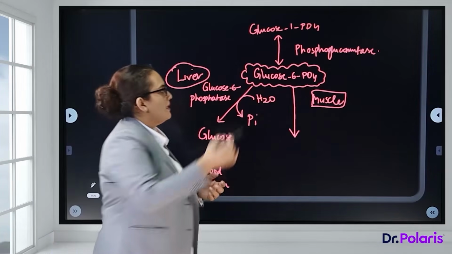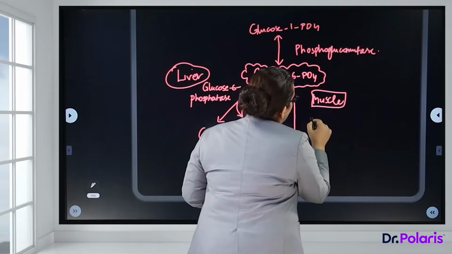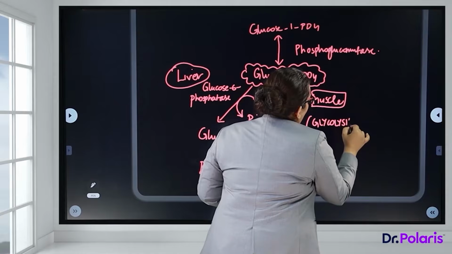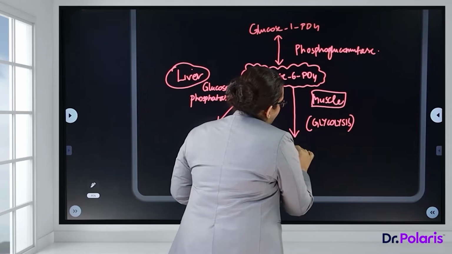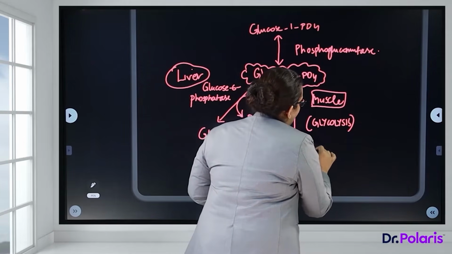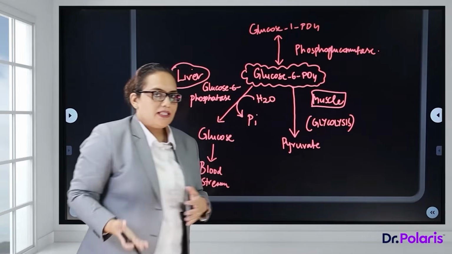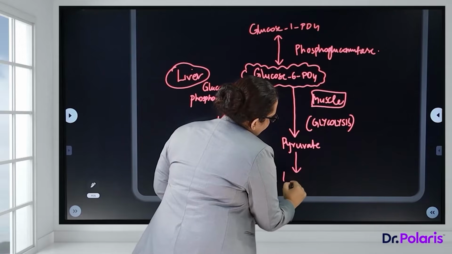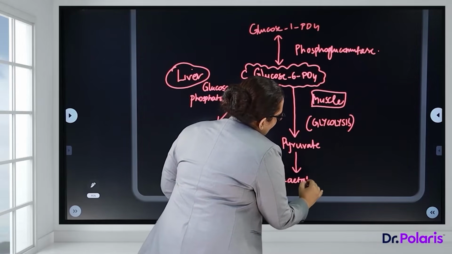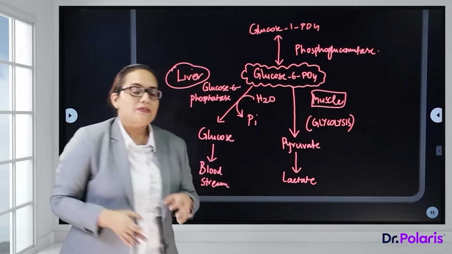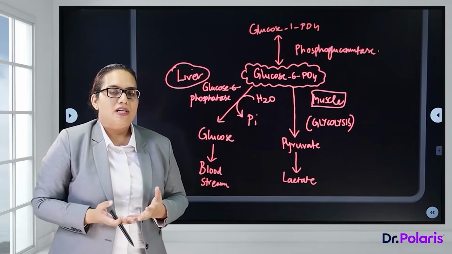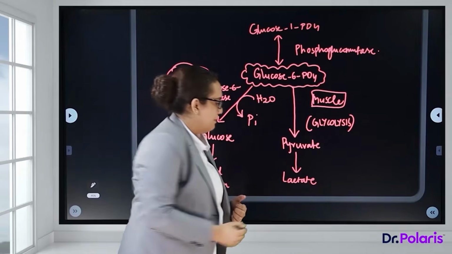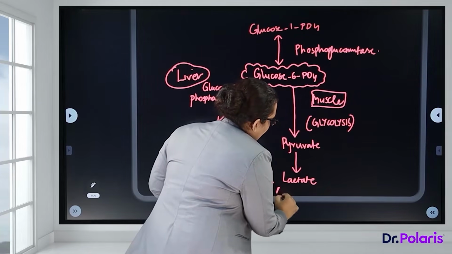So the glucose 6-phosphate directly enters into a pathway known as glycolysis till it forms pyruvate. But you know, in muscle, it is anaerobic glycolysis which takes place, so pyruvate is further converted to lactate. And through the process of anaerobic glycolysis within the muscle, ATP is generated, which is utilized for muscle contraction. The energy is utilized for muscle contraction.